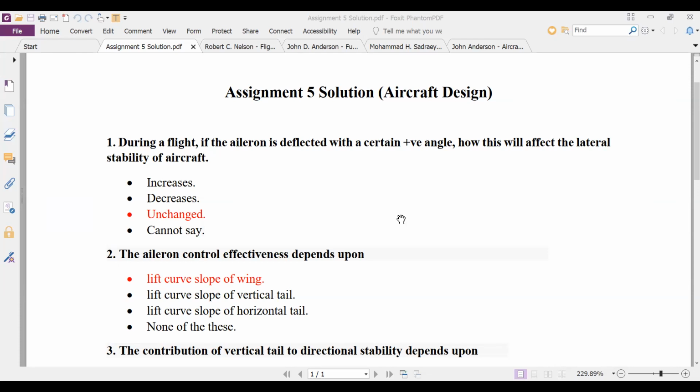So if one is positive and another one is negative, they'll try to balance up the force. No, but the question is actually something different. We're asking, does the stability get affected when we deflect the aileron?